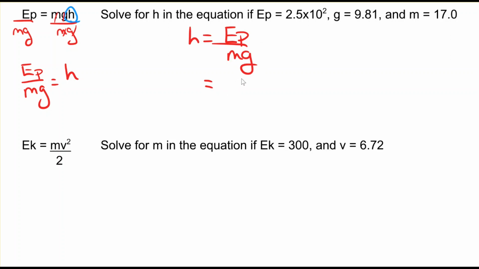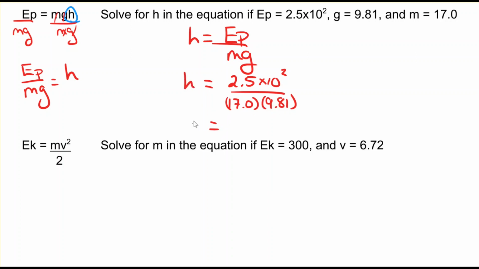So let's just substitute in these values. EP is 2.5 times 10 to the 2. M is 17.0. G is 9.81.